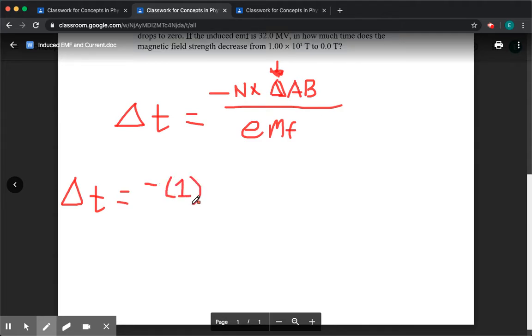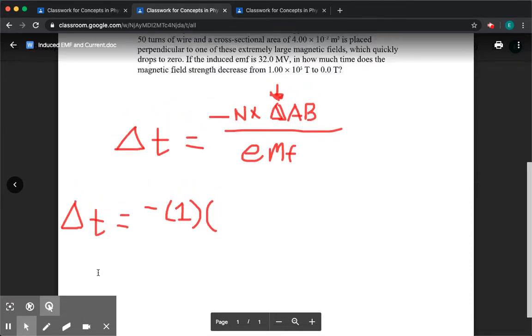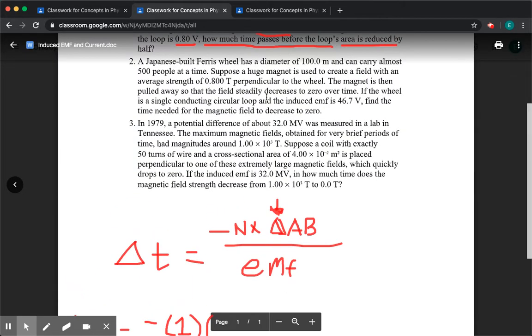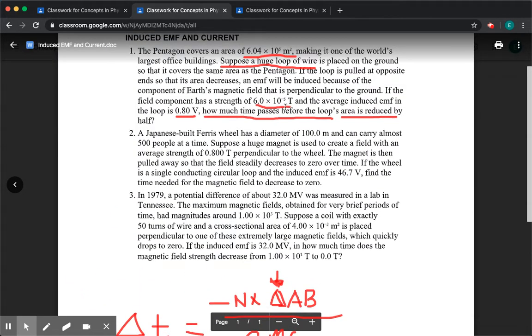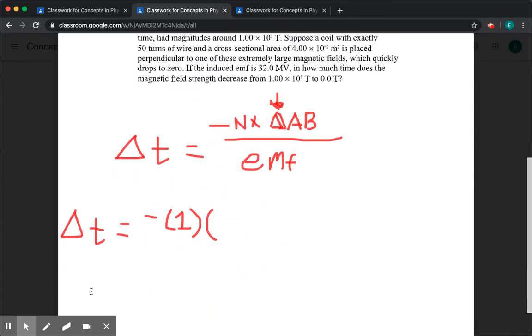And this needs to be multiplied by our change in area and the field. The field is not changing, so the field is constant. I'm going to write that out first. It is constant at 6 times 10 to the negative 5 Tesla.